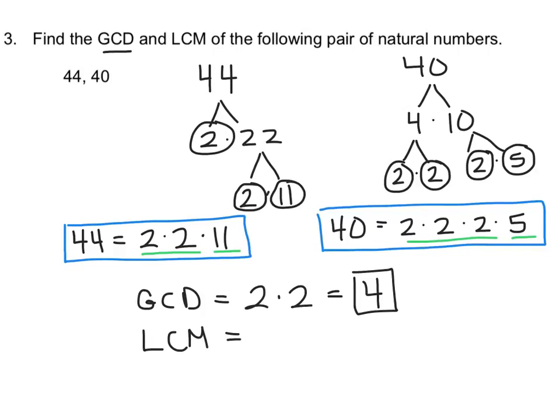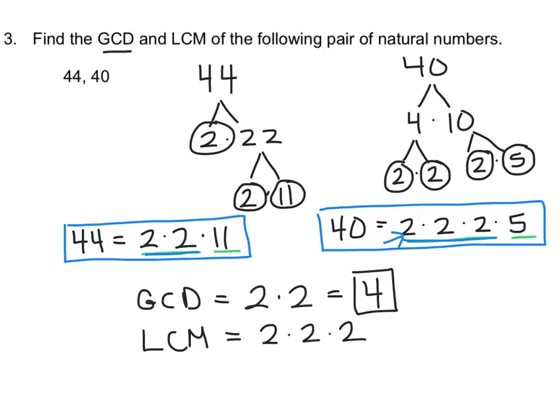If I look at the 2's, I have 2 2's in 44, and I have 3 2's in 40. So I want to write down the greatest number of times that 2 occurs in either factor. So this would be 3 times, because it appears 3 times in 40. So I'll write 2 down 3 times.